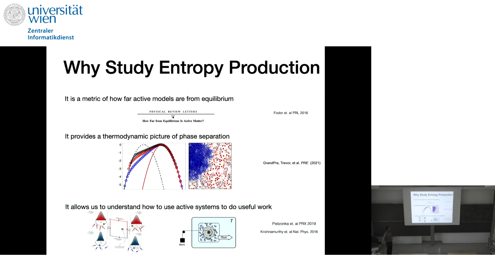Another question is, why do we care, what can you do with the entropy production? I won't talk about this, but it can allow you to do useful work, such as with active heat engines, or what some of you talked about, where you could do work by pushing a rotor and so forth. So this does have a thermodynamic connection to other things, but I'm not going to focus on those.